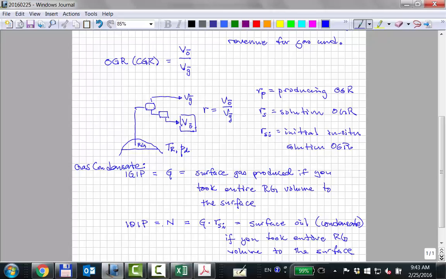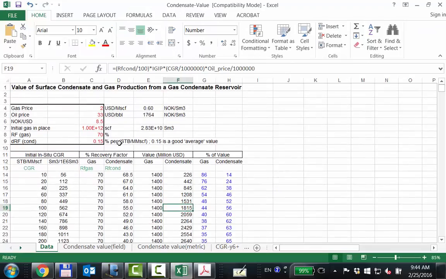Now, in this spreadsheet that I'm showing you, it's basically specifying this initial gas in place. I changed it to 10 to the 12th standard cubic feet. You just specify the number. That's this number up here. And I told you why I picked 10 to the 12th, because that's kind of the small size for the North Sea.